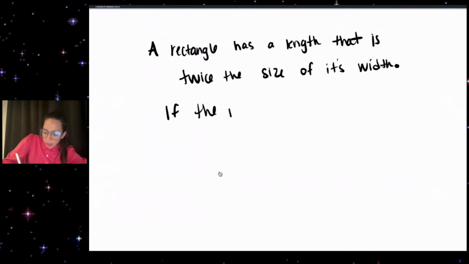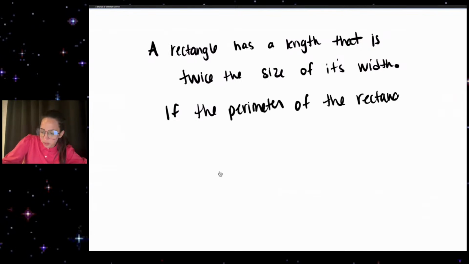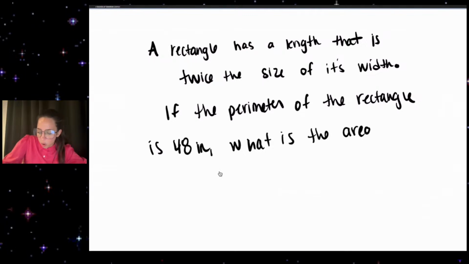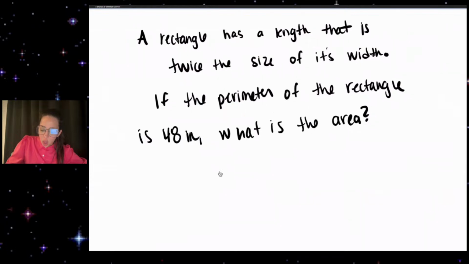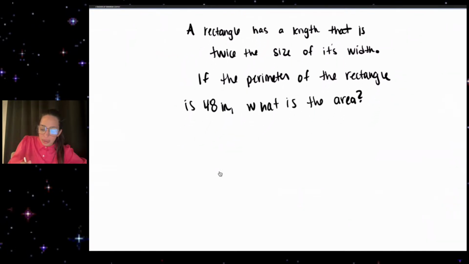If the perimeter of the rectangle is 48 inches, what is the area? What a great question. This combines our understanding of geometry with algebraic translation of words.